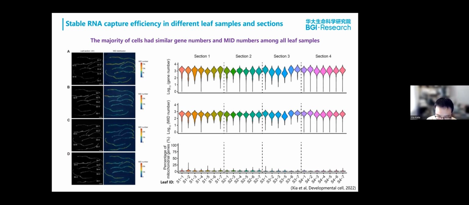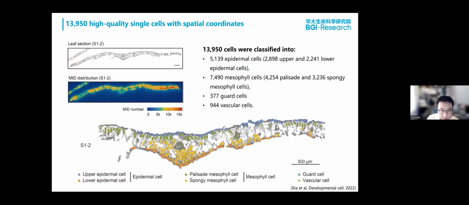The majority of cells have similar gene numbers and MID numbers along all leaf samples, and the gene number was positively correlated with the MID number in each cell, thus strongly indicating a robust and stable RNA capture efficiency of our single-cell method in different sample areas. In total, we obtained about 13,000 high-quality single cells with spatial coordinates.